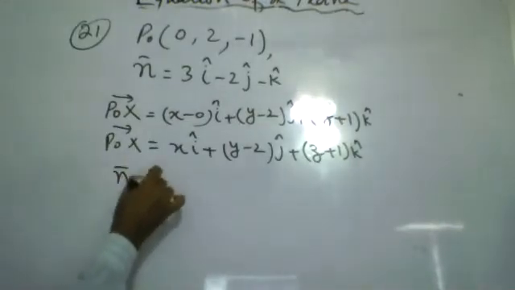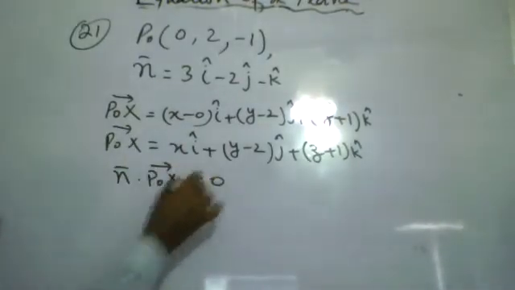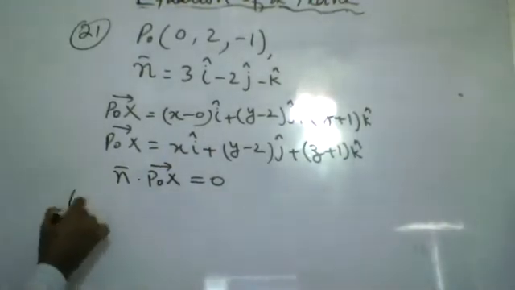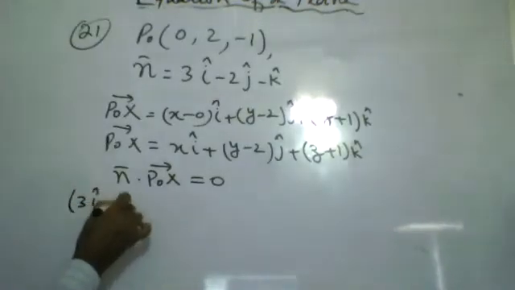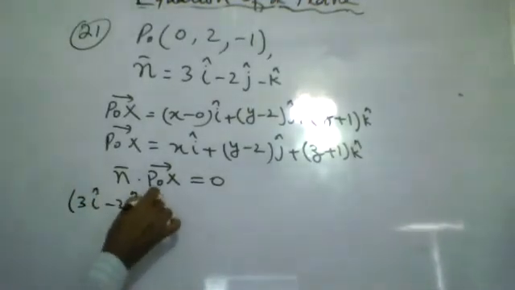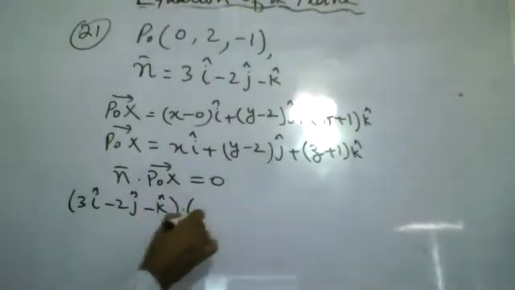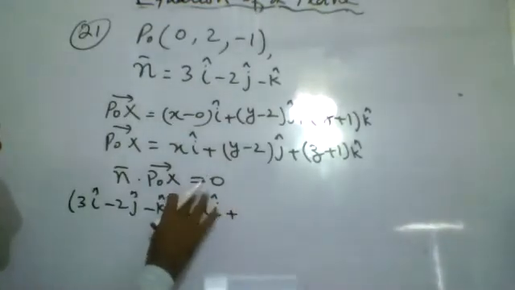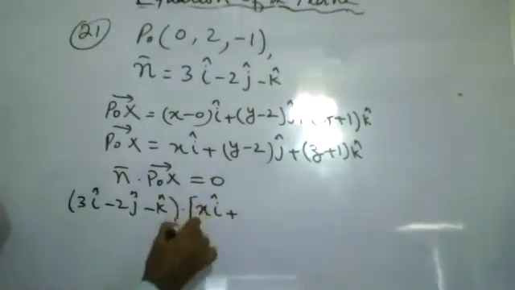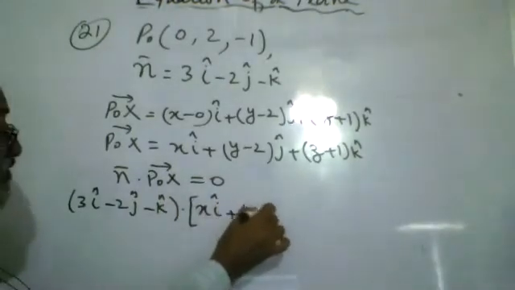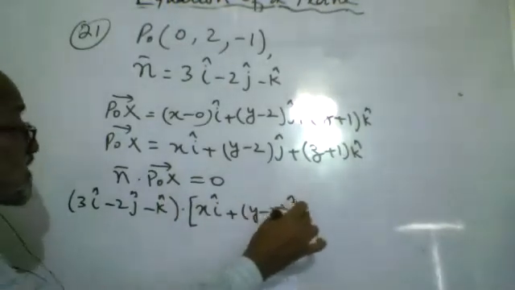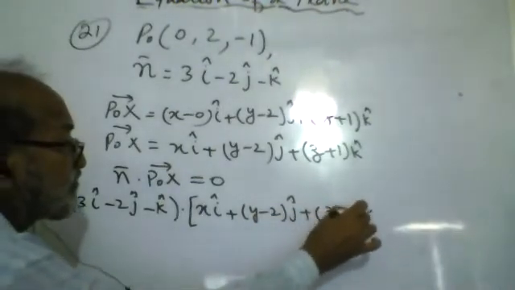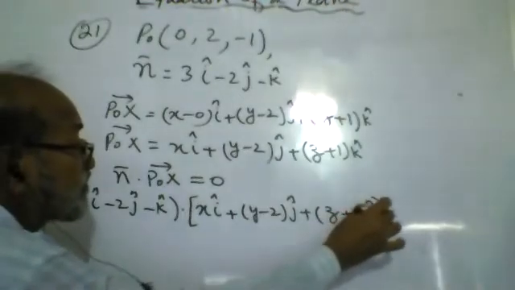N dot P naught X vector equal to 0. Must write equal to 0. So n is 3i minus 2j minus k dot xi plus y minus 2 j plus z plus 1 k equal to 0.